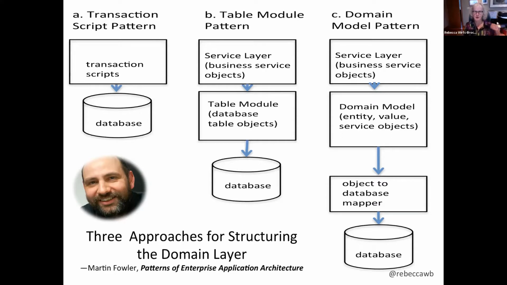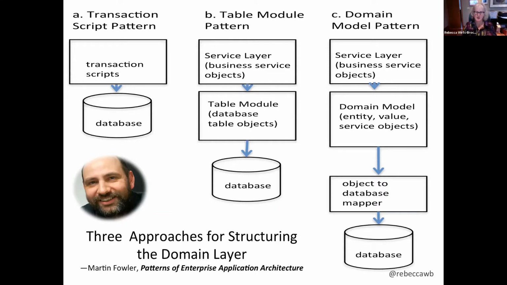And then the table module pattern, where I use database active records or things like that. And then a domain model pattern where I create a model of the domain where I have objects that represent business concepts, and I have a database mapping and access the database that way.